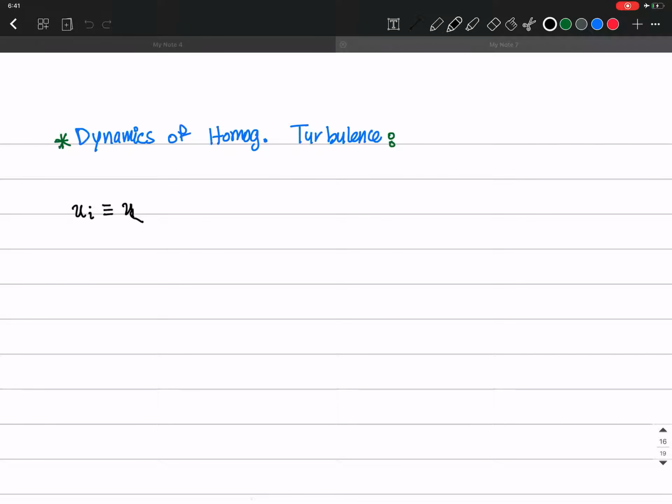We have ui at location x and time t, and this is the instantaneous fluctuating velocity at x.